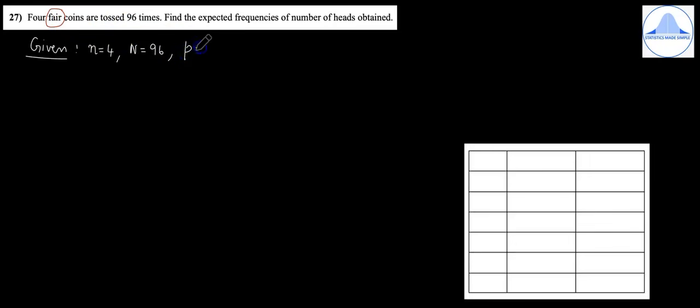So small p, which is the probability of success, which is the probability of getting a head, is p equal to 0.5. This is because of the word fair. Then we need to find out q, which is 1 minus p. So 1 minus 0.5 is equal to 0.5.